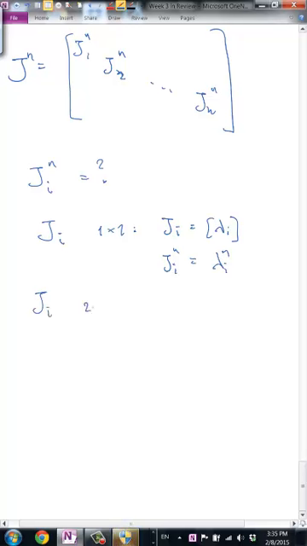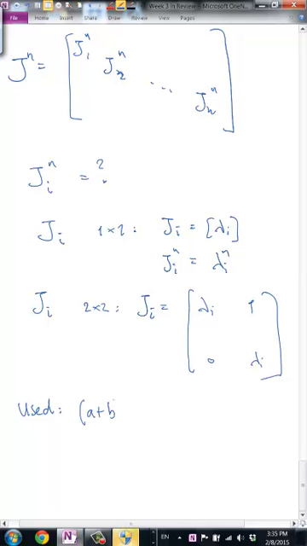If Ji is a 2-by-2 matrix, then Ji is equal to [lambda i, 1; 0, lambda i]. And what is Ji to the n? We discussed this in class, and we used the binomial formula. So we used in class the fact that (a plus b) to the n is equal to the sum from k equals 0 to n of n choose k, a to the n minus k, b to the k.